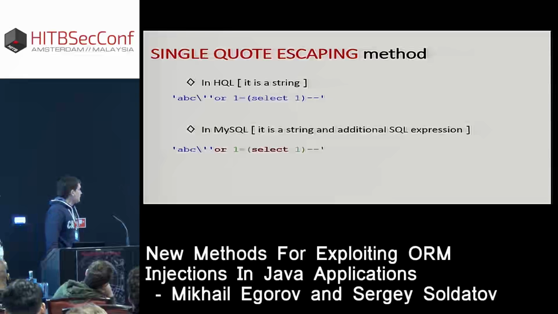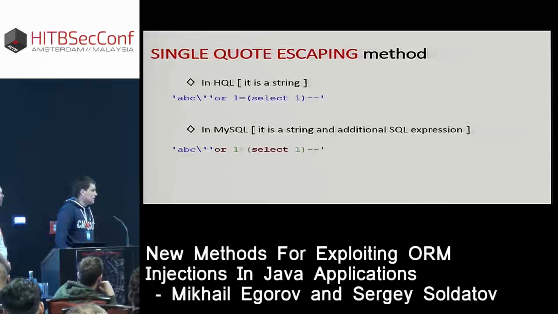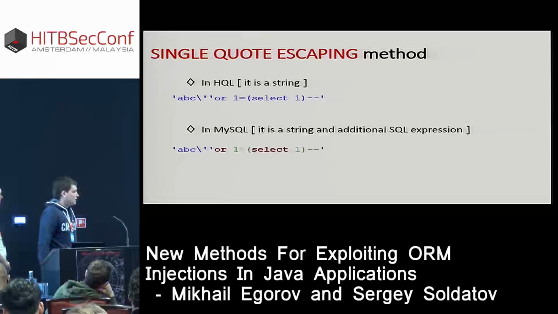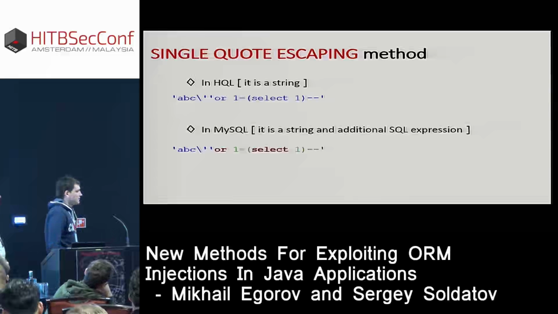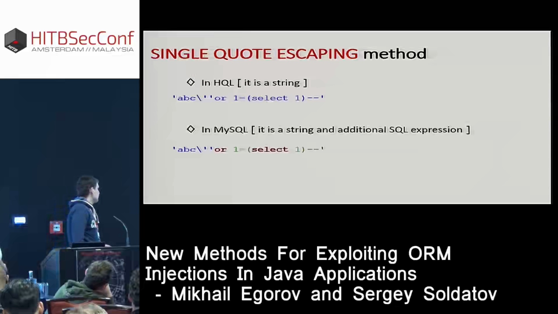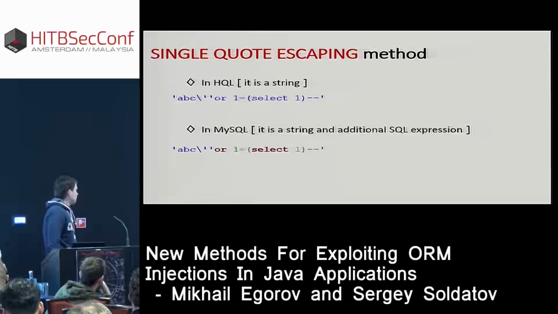We can use a slash symbol with 2 subsequent single quote characters to bypass Hibernate and inject an arbitrary SQL query. So you can see that Hibernate will treat slash with 2 single quotes as slash with an escaped single quote. But MySQL will treat this as an escaped quote and a single quote that terminates the string.